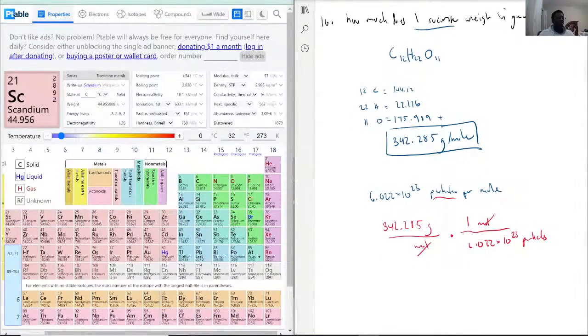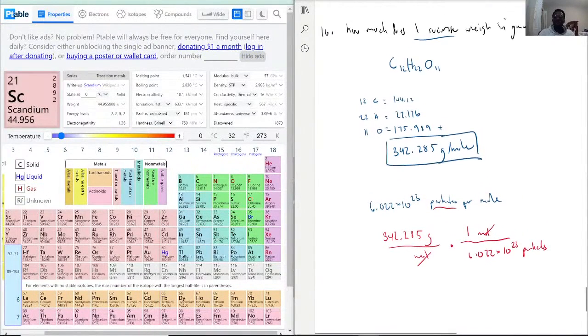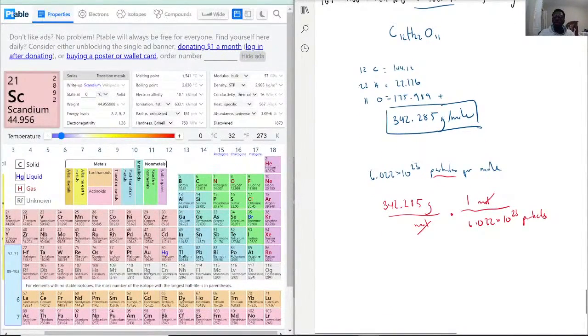So now we have this divided by 6.022e23. And now we know that one sucrose molecule, not a mole, but a molecule of sucrose, would weigh 5.68 times 10 to the negative 22 grams per particle.